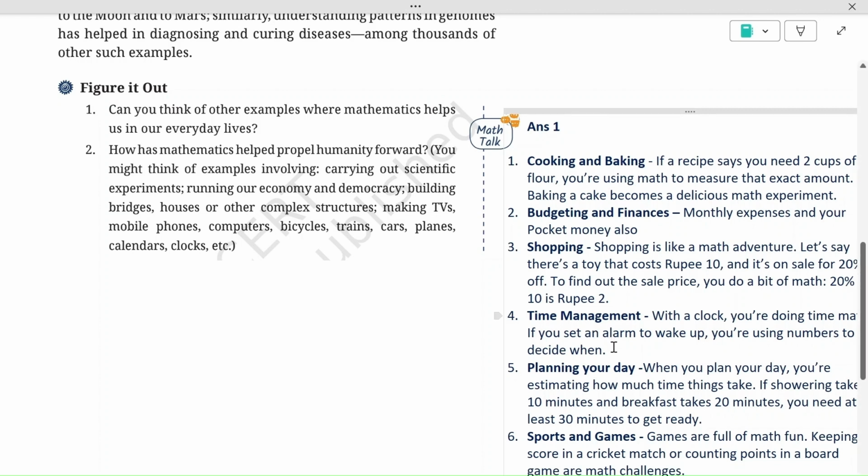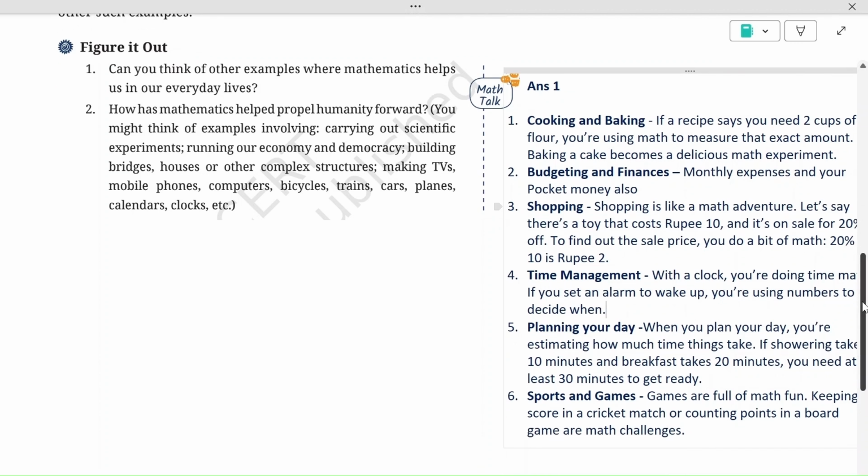Next is time management. When we wake up, we put an alarm, and also we have dedicated time to sleep at night. So there time is involved, which means mathematics is involved because time is all about maths. Next is planning your day. This is also one of the major points because this is something which we do daily.